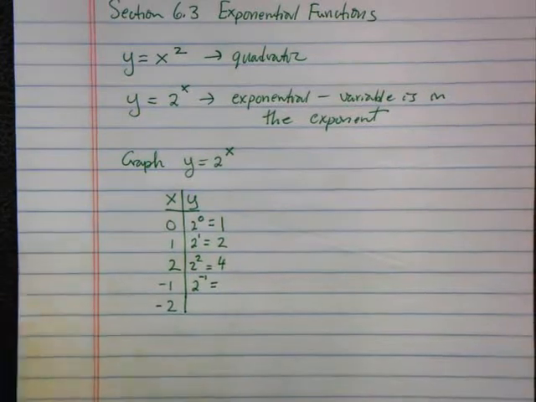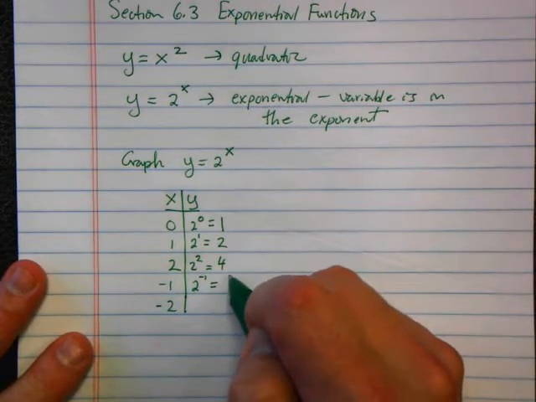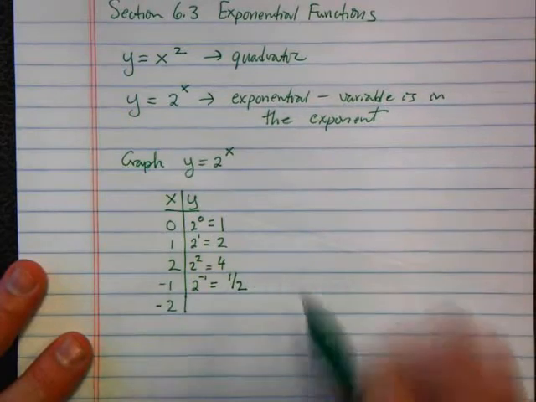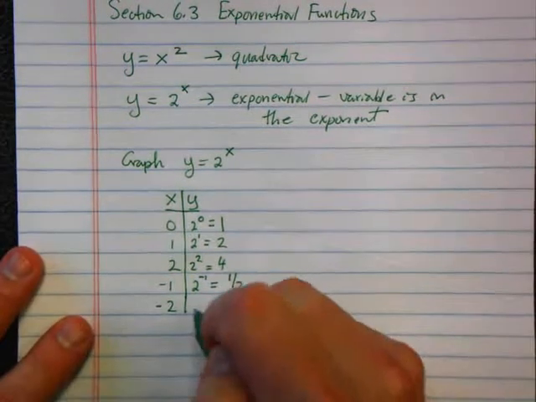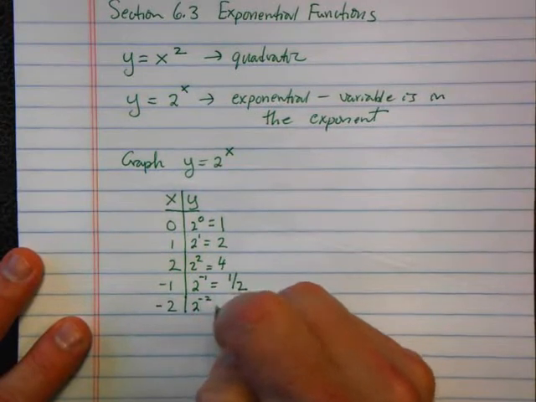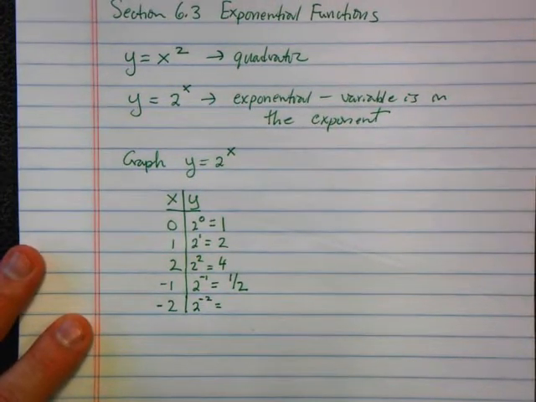How much is 2 to the -1? What does a negative exponent do? Puts it on the bottom. So 2 to the -1 is another way of writing 1 over 2. It's another way of writing 1/2. How about 2 to the -2? 1 over what? Not -1.